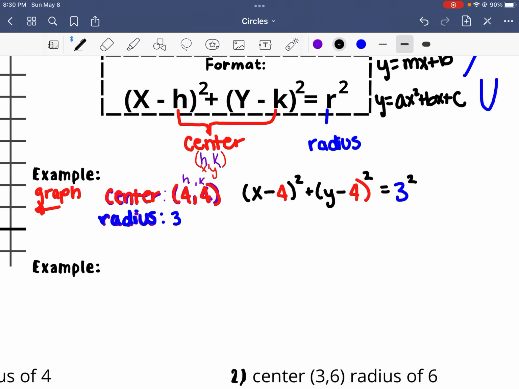You can either write 3 squared, or as a true mathematician, you would simplify this. 3 squared becomes 9. So the actual answer would be x minus 4 squared plus y minus 4 squared equals 9. Remember, because 3 squared equals 3 times 3, which is 9.